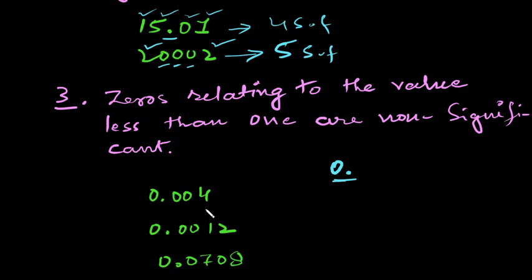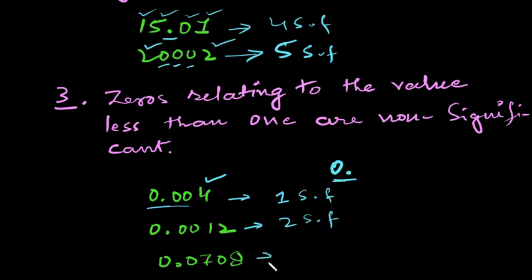Because this value starts with a 0 and a decimal point, it must be a value smaller than 1. So according to this rule, it only has one significant figure, and all those zeros are not considered to be significant. So it contains one significant figure, and this value also contains two significant figures.